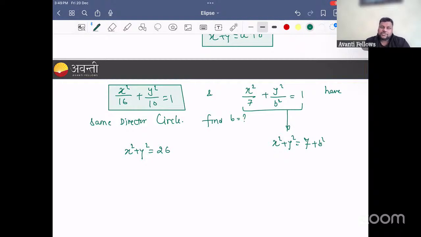So if these two circles are the same, it means 26 is equals to 7 plus b square. So b square goes 19. Am I correct? b square is 19. That's it.